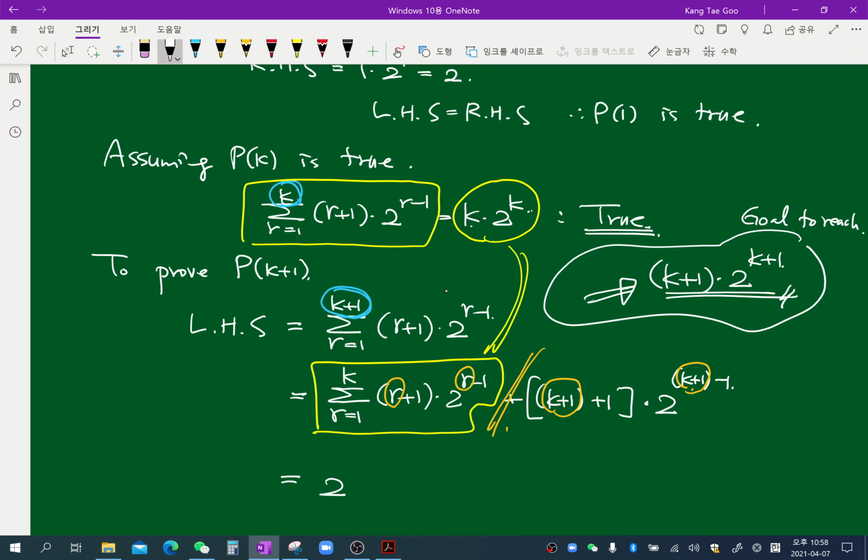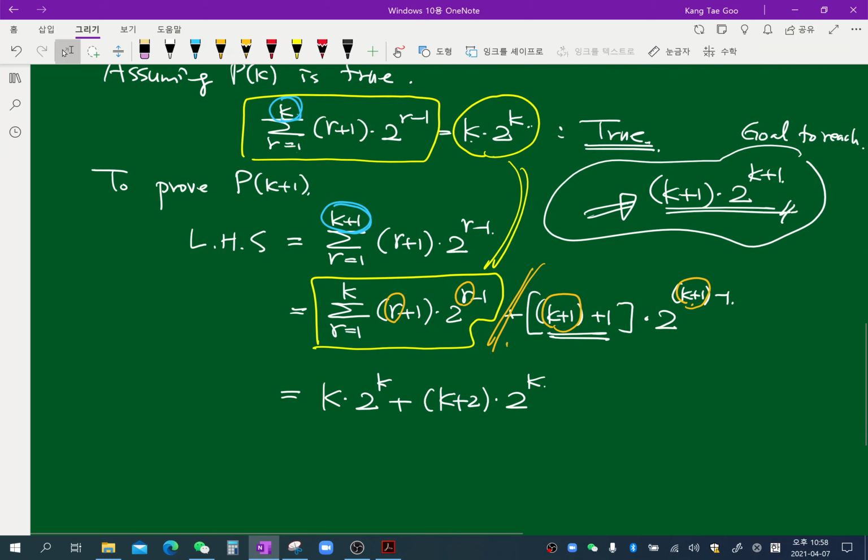So this one is k times 2 to the power of k, plus this one is k plus 2 times 2 to the power of k, right? Then we have 2 to the power of k here and there, so we can factor it: k plus 2 times 2 to the power of k.